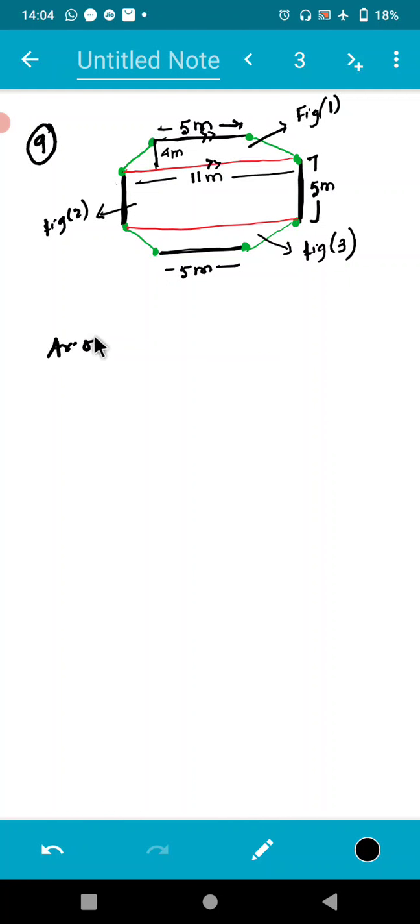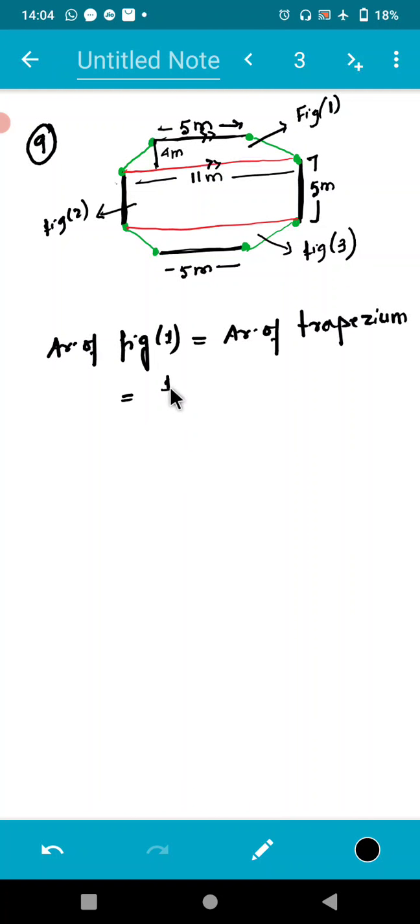So, area of figure 1 is equal to area of trapezium. And what is the formula of area of trapezium? Half into sum of parallel sides into height. Now, you can consider A as 5 meter and B as 11 meter, or the other way around. It is your choice. So, I will consider A as 5 meter and B as 11 meter.